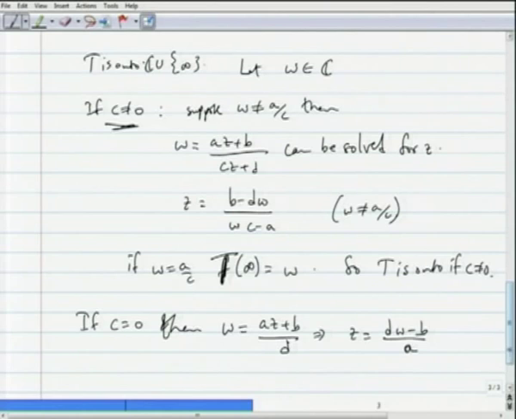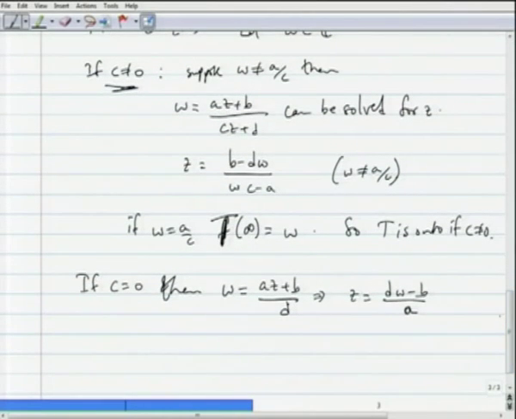Notice that A cannot be 0 if C is 0, because A d minus B C is non-zero. Okay. So, this Z gives you T of Z, for this Z T of Z is equal to W.